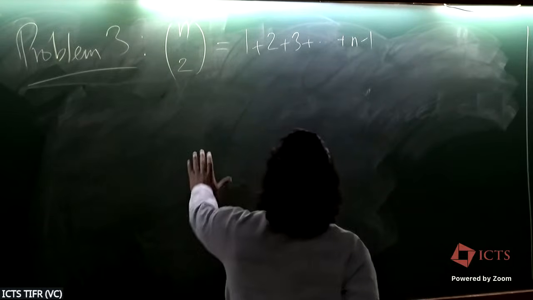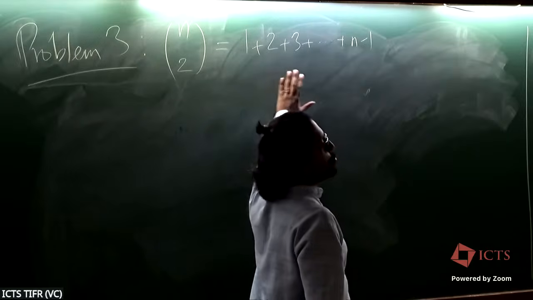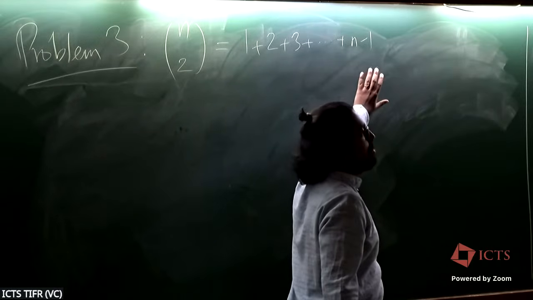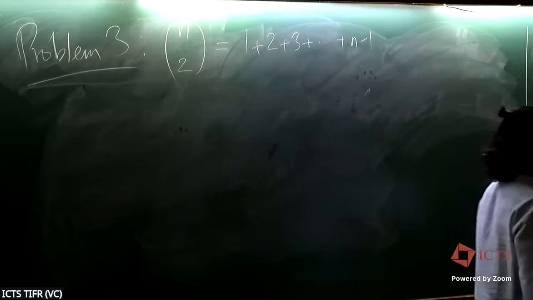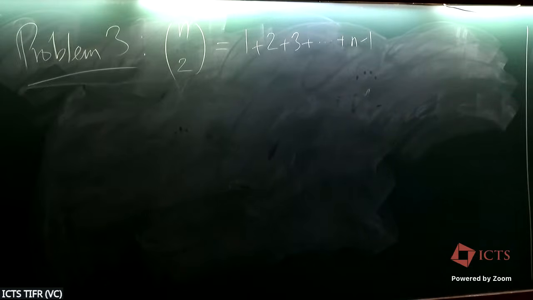So n choose 2 is 1 plus 2 plus 3 and so on up to n minus 1. You agree? So the sum of the first n minus 1 integers is n minus 1 into n by 2. That also turns out to be n choose 2. Can you give a combinatorial proof of this?